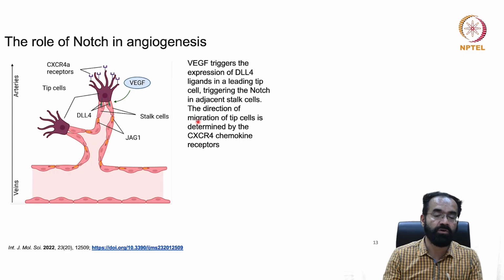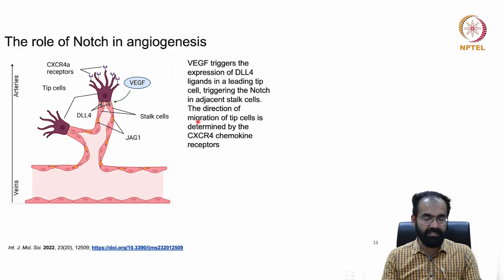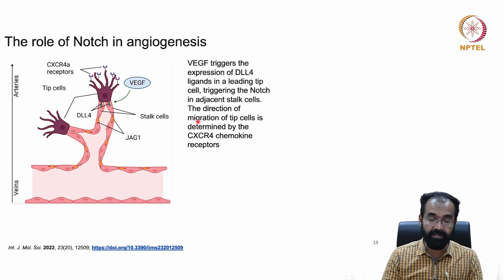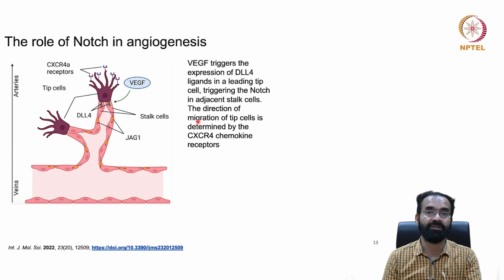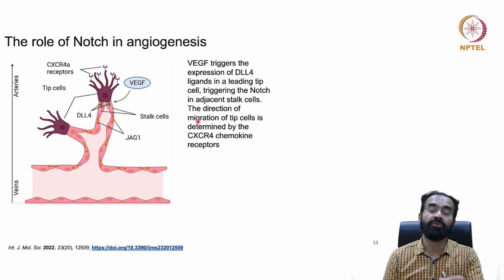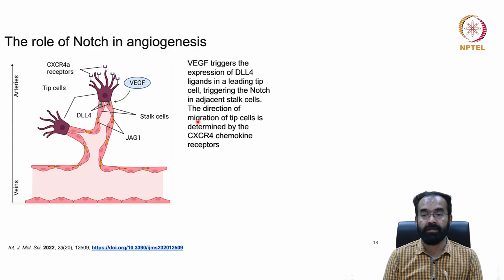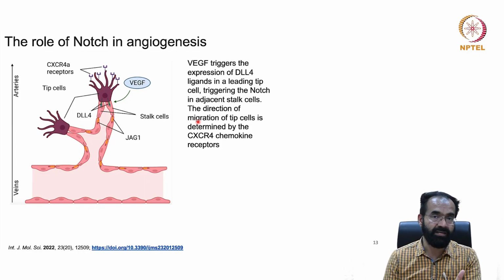Hence you will have more endothelial cells and more blood vessels that will be triggered, and it is decided by VEGF. The DLL4 expression is decided by VEGF availability, and DLL4 in turn allows the notch signaling to kickstart. So this is how the migration or the growth of the blood vessels takes place.